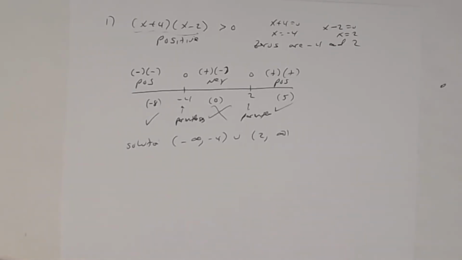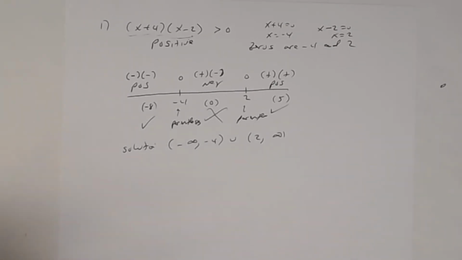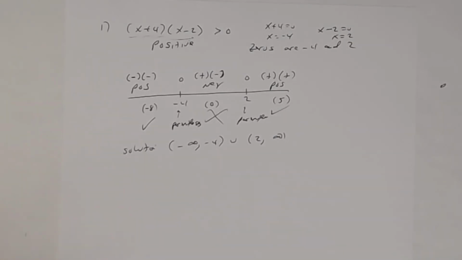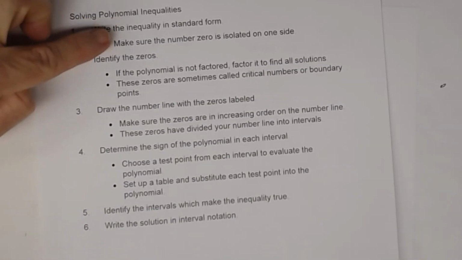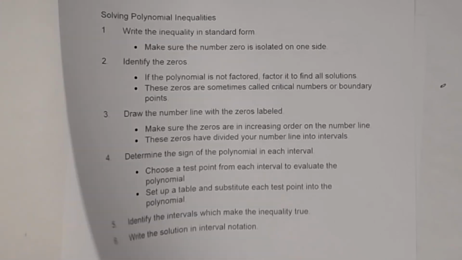Okay, so we're going to look at some more. I'm going to do some more examples in the next video, but this discussion took quite a bit of time, and that's a pretty good discussion, because you have to understand the process of going through these steps.